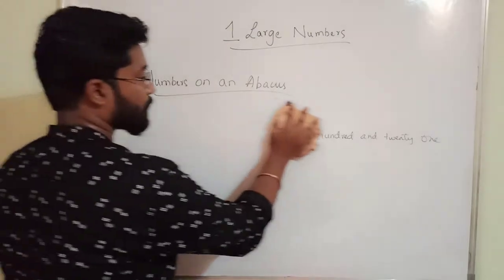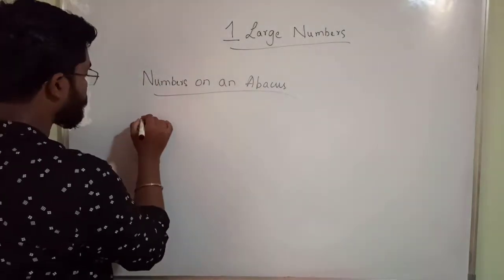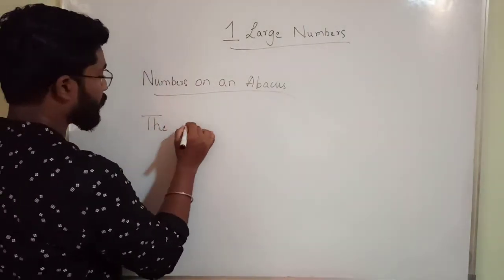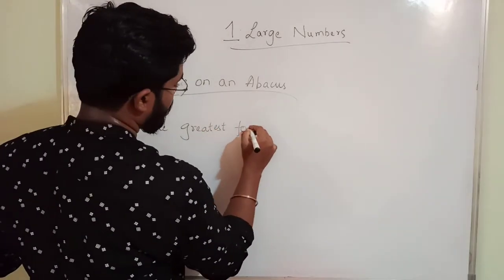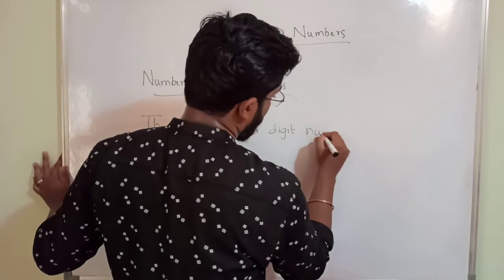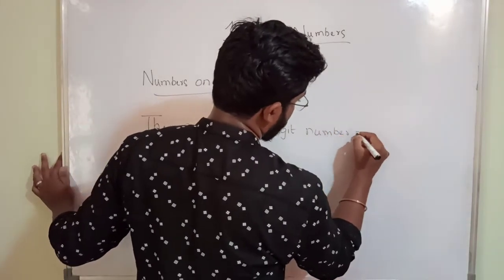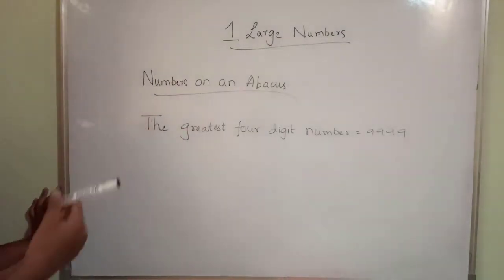Next one is what? The greatest 4-digit number. What is the greatest 4-digit number? 9,999.